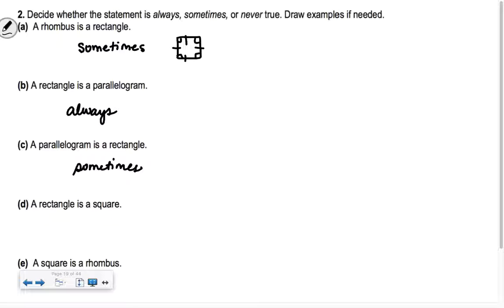Is a rectangle a square? Is every rectangle that you draw a square? No. Are some of the rectangles you draw, they might be a square? Yeah, so we're going to say sometimes. And then a square is a rhombus. So does a square always have all four sides congruent? Yeah, so that's always. Those can be tricky for students, always, sometimes, and never.